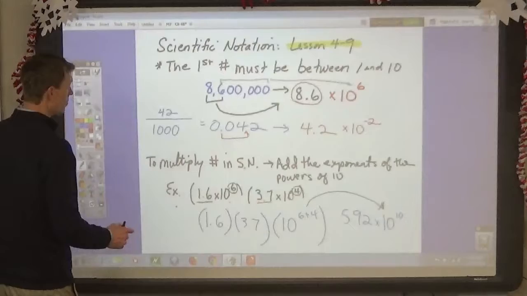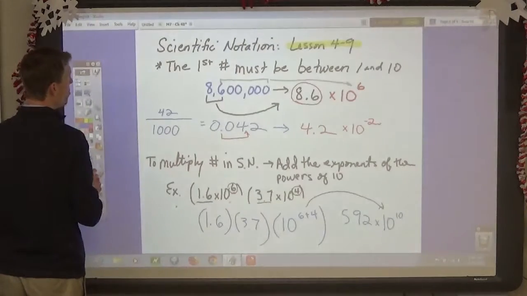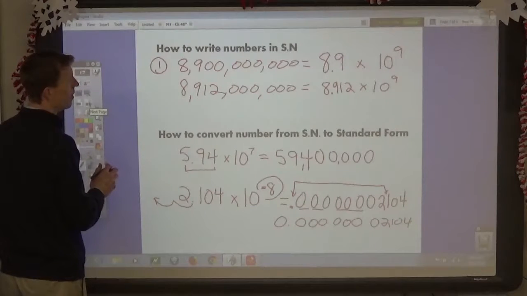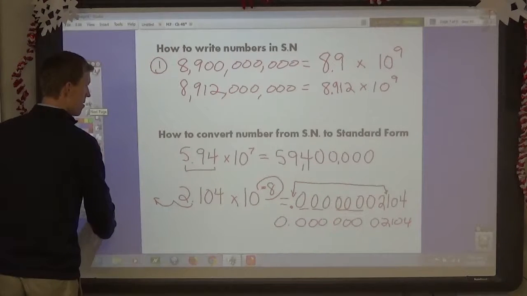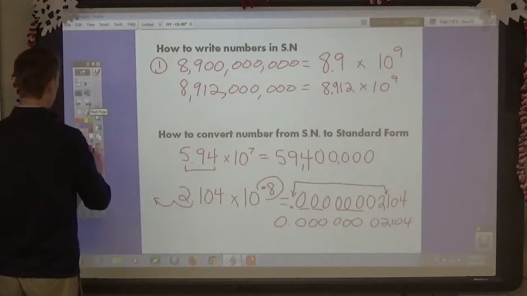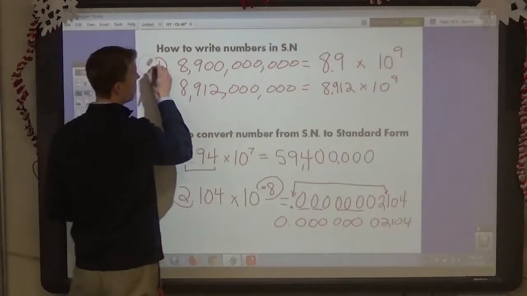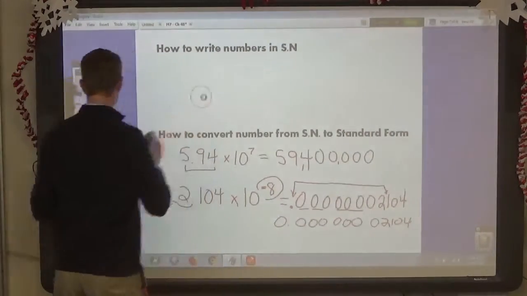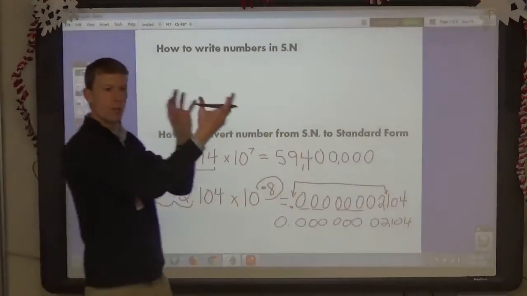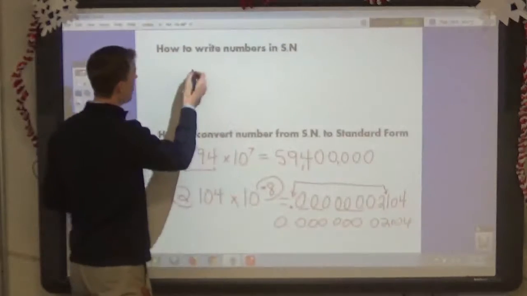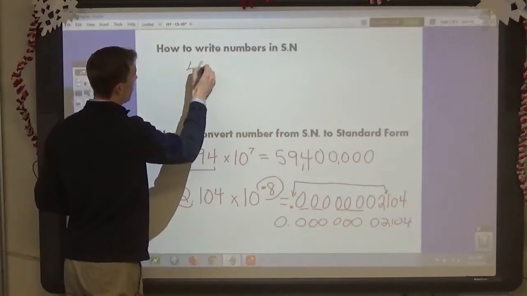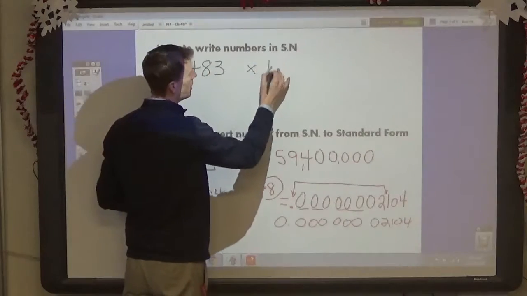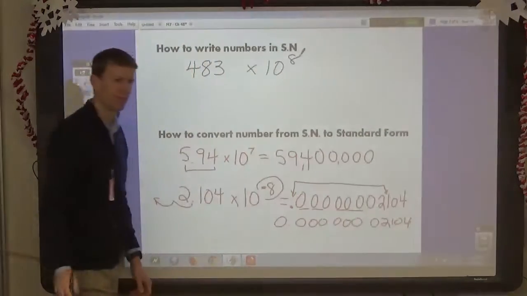Now, what if you do this and let's see, what if you end up with a number like this? So you multiply the two numbers and you end up with 483 times 10 to the 8th power.